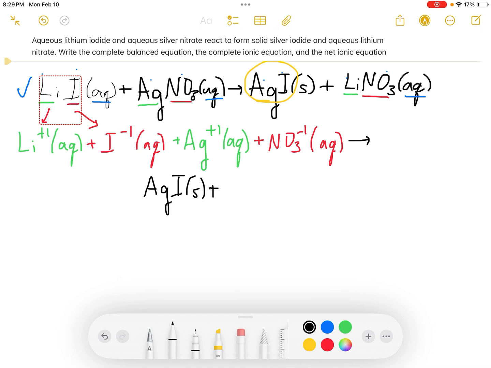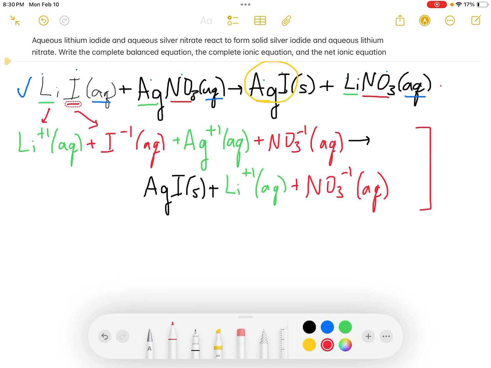And then we have lithium, which again is +1 and aqueous, and nitrate, -1, which is aqueous. So if we did our balancing correctly on the complete balanced equation, then our complete ionic equation will be balanced. So here's our complete ionic equation. It has everything that is aqueous broken up into ions.